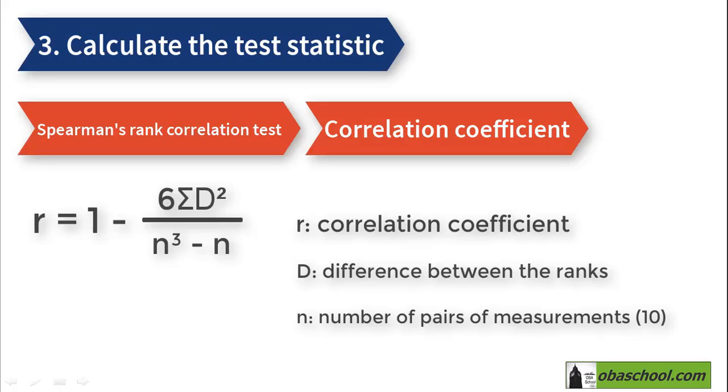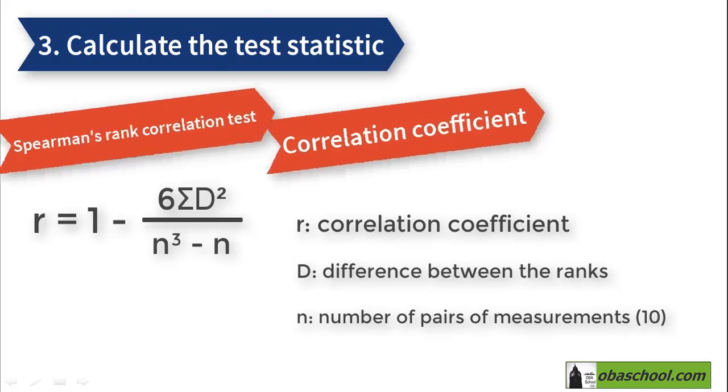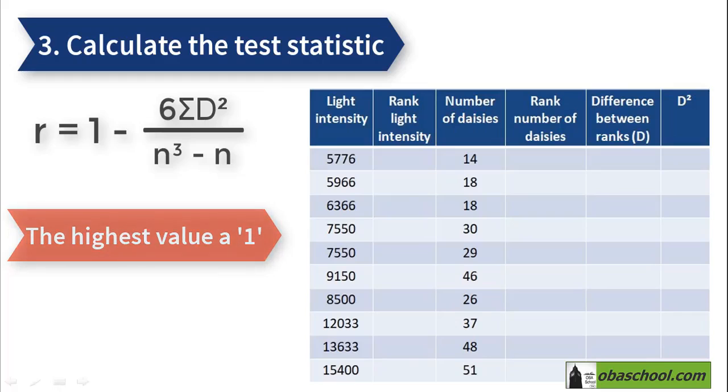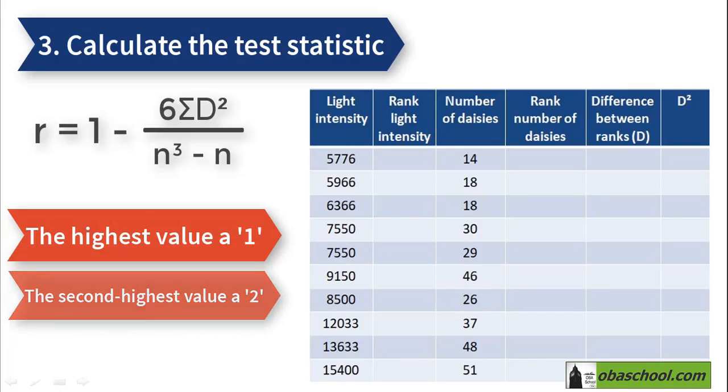The easiest way to do this calculation is by using a table just like this one. So here we have the light intensity and its rank, the number of daisies and their rank, the difference between the ranks, and the square of the difference. So how do we rank our values? Well, we rank values by giving the highest value a 1, the second highest value a 2, and so on.